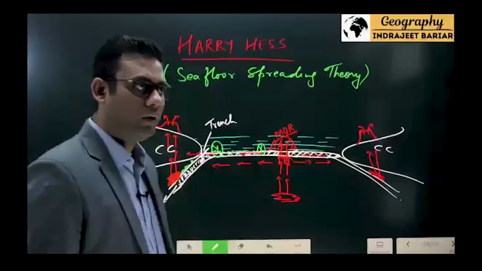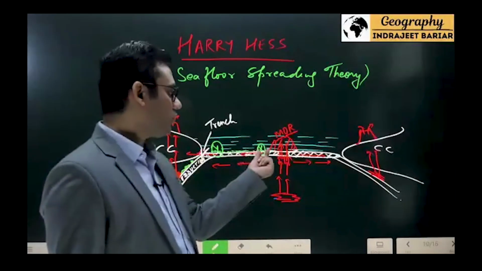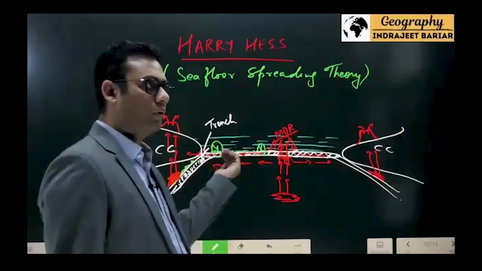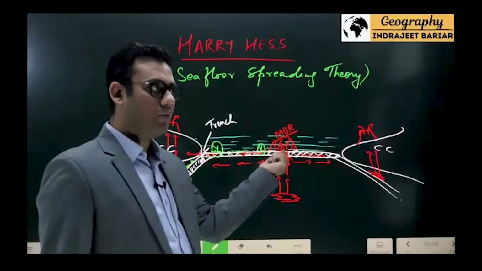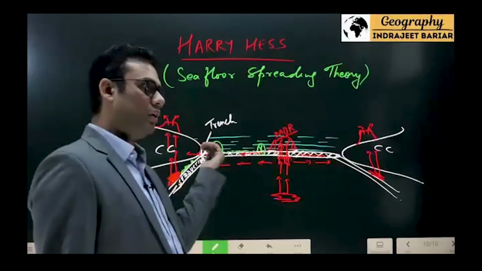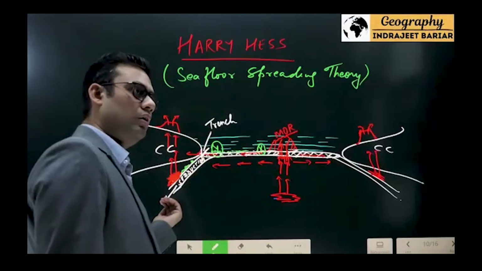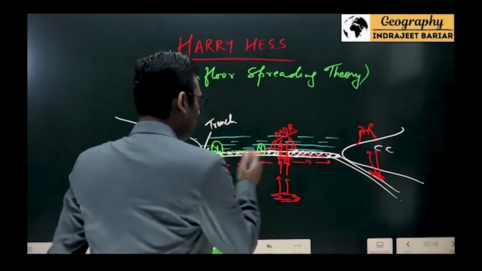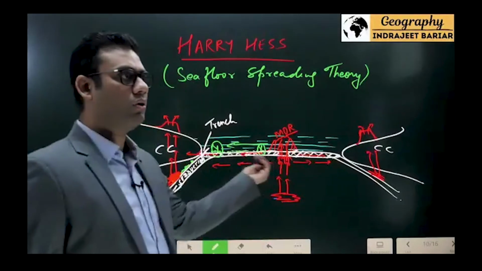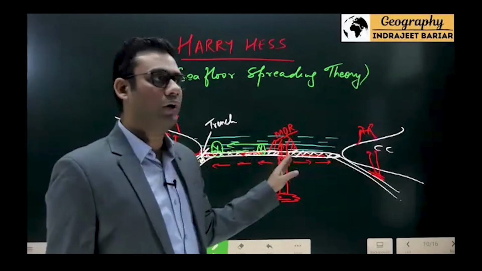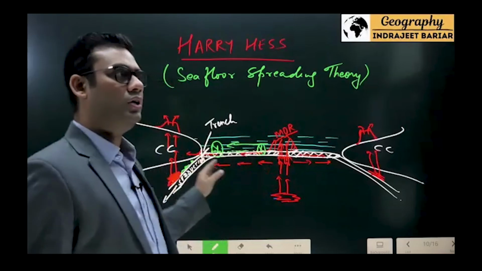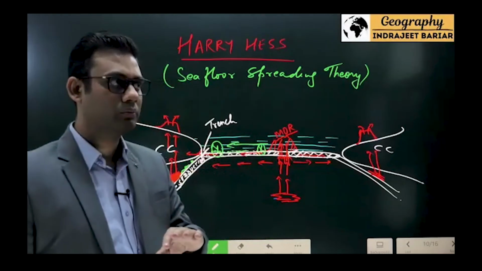Location Y. Because at location X it is forming and then it is moving. That's why it has been called a conveyor belt system. यहाँ फॉर्म होता है रॉक, उसके बाद यहाँ ट्रेवल करता है और फिर सबडक्ट. तो very obviously as you move from here to here, the age of rock is going to increase. Near the MOR you find younger rocks, near the trench you find older rocks.